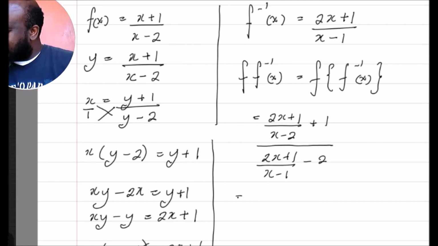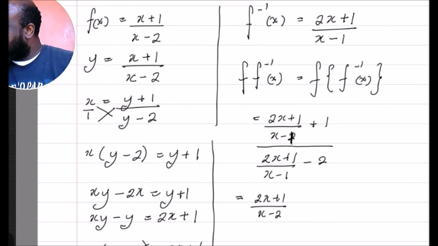Alright, so writing this a little differently, we have 2x plus 1 over x minus 1.